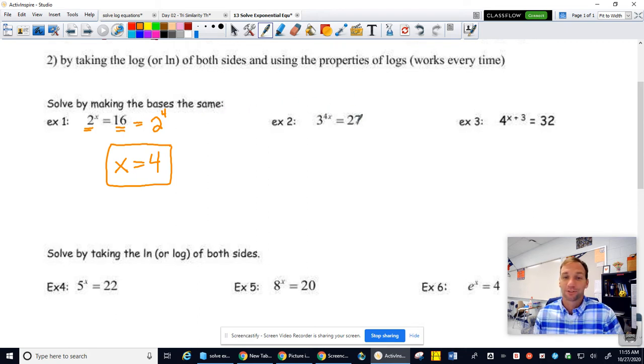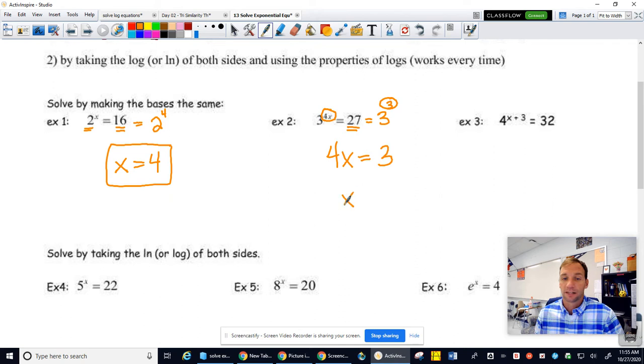Looking at example 2, I want to change 27 to base 3. So 27 is 3 to the 3rd power: 3 times 3 is 9, times 3 is 27. That means that my exponents are equal when my bases are. So 4x equals 3.